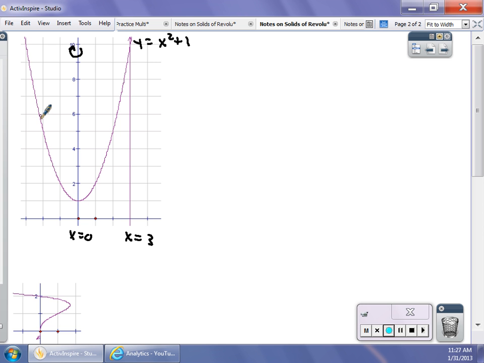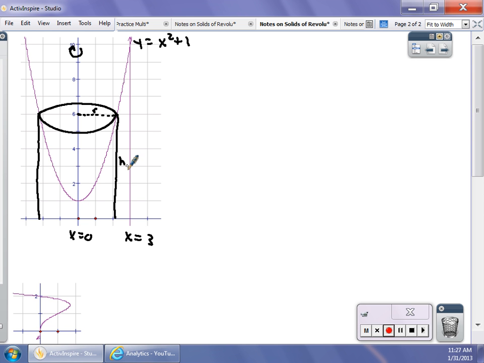Let me just draw one down here. If I were to draw a shell, this would be the inside, and that would be my height. And the radius is how far off of the y-axis I am. That's my radius, that's my height.